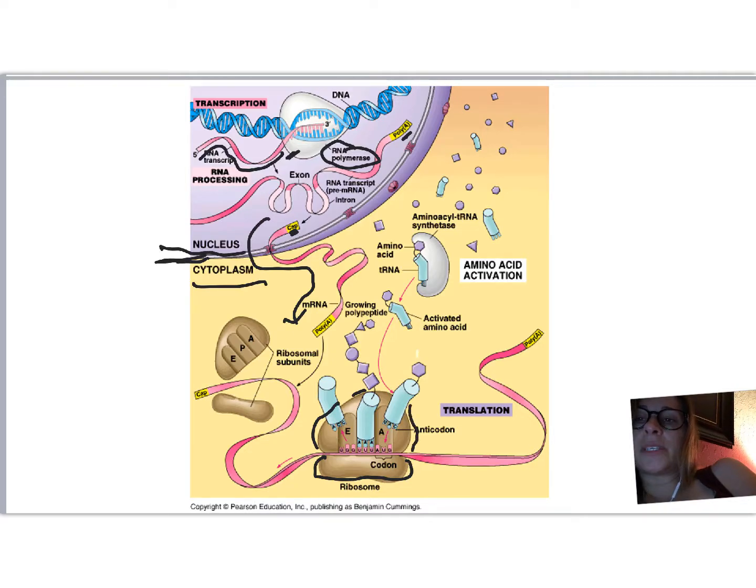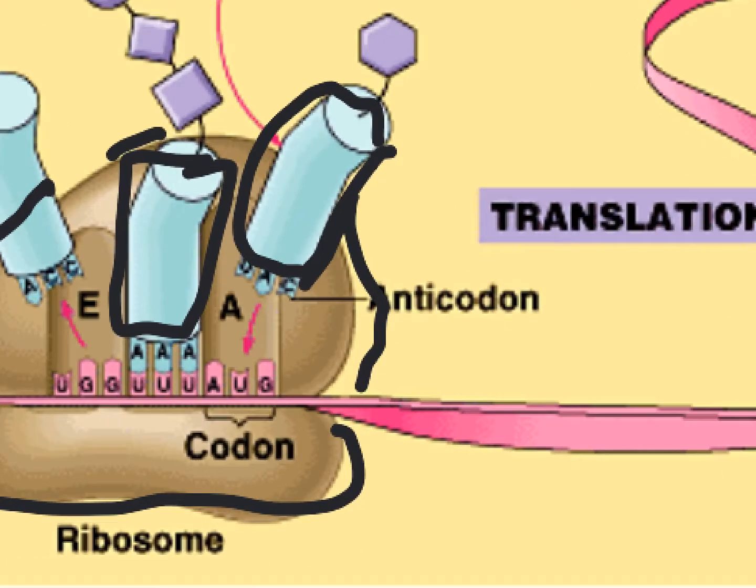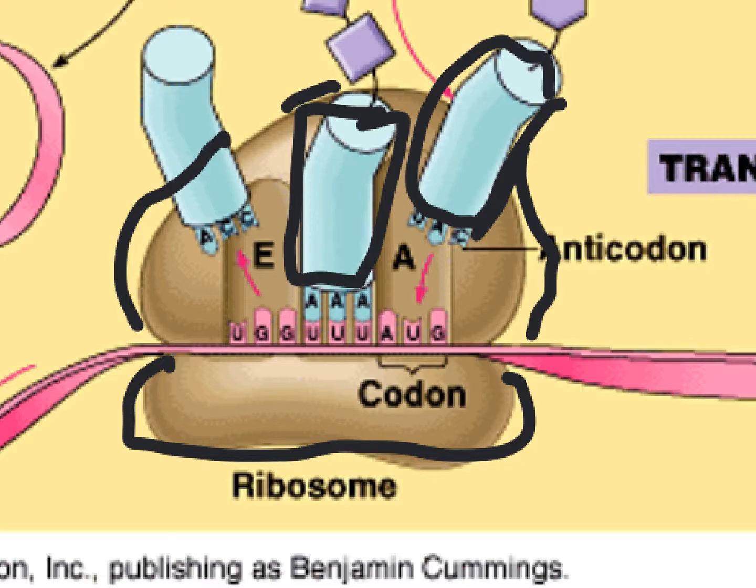And so what it's going to do is it's going to find these transfer RNAs. So here's a transfer RNA, here's a transfer RNA. We refer to them as tRNAs, okay? These transfer RNAs have little tiny amino acids onto them, right? So here's an aminoacyl tRNA synthetase. That's an enzyme that attaches the amino acid to the particular and specific transfer RNA. Something important to look at. See, each one of these has a different sequence.